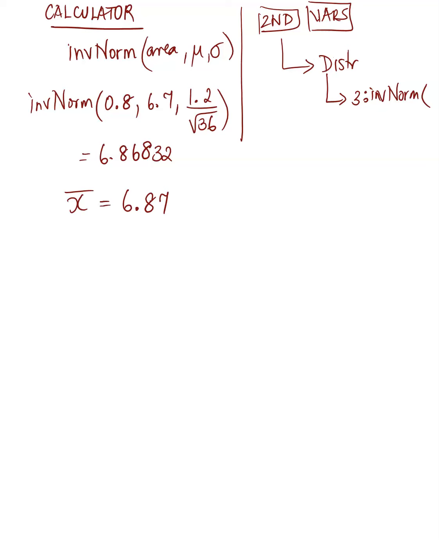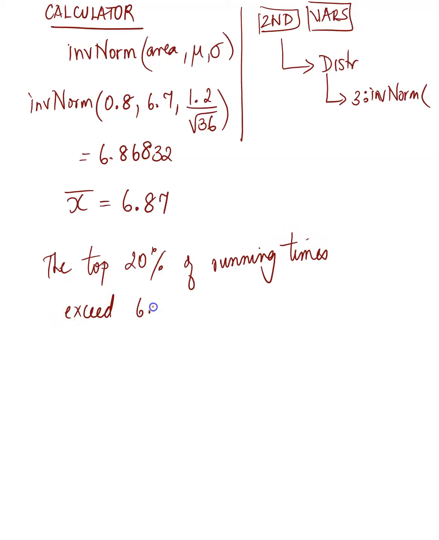Because we were trying to look for the time that separates the lower 80% from the top 20%, we can just say the top 20% of running times exceed 6.87 minutes. That makes sense, right?